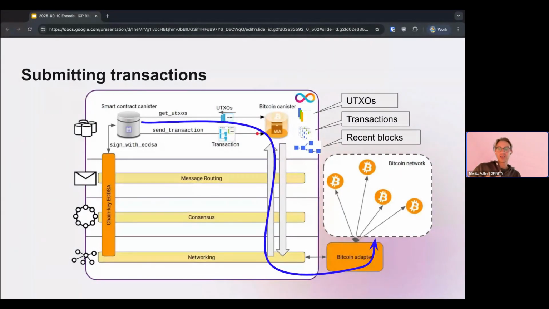There, the Bitcoin canister queues it, and then every execution round, the Bitcoin adapter on each replica, this is the thing down here, obtains the transaction that you want to submit from the Bitcoin canister because they communicate through the stack, right? So it can read those transactions, and then every adapter submits the transaction to the Bitcoin network. So this is how the Bitcoin API works. This is the magic behind it.